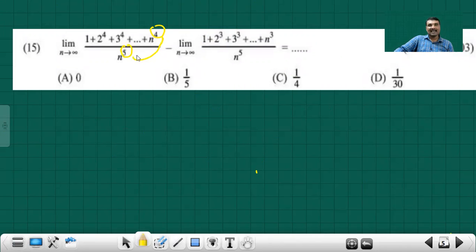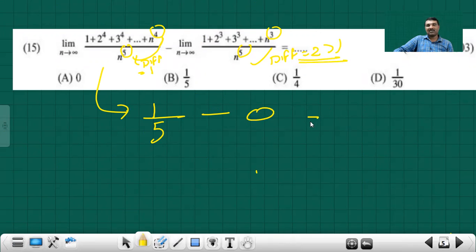The denominator is highest and the difference of degree is equal to 1. So this is 1 by the degree of denominator, 1 by 5. This minus, here it is 3, this is 5. The difference is 2, which is greater than 1. So the answer is 0. So 1 by 5 is the answer.